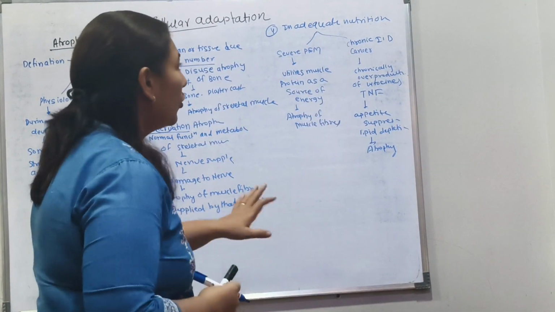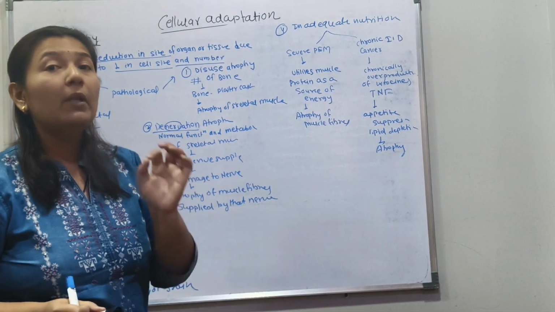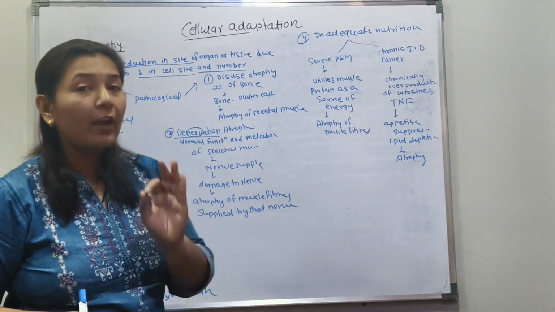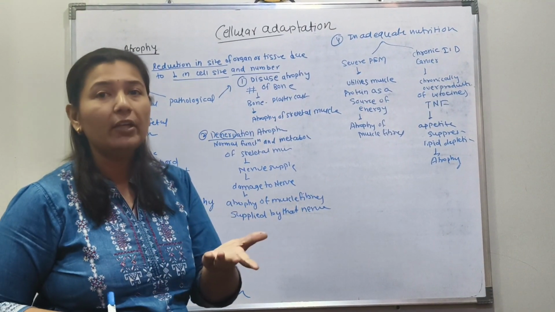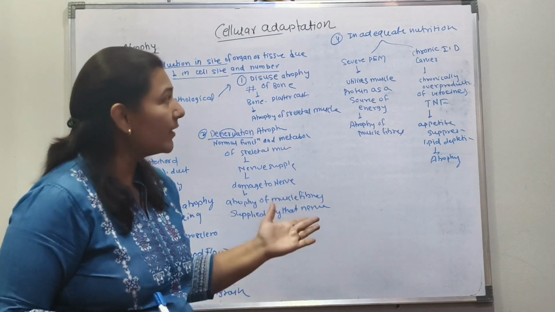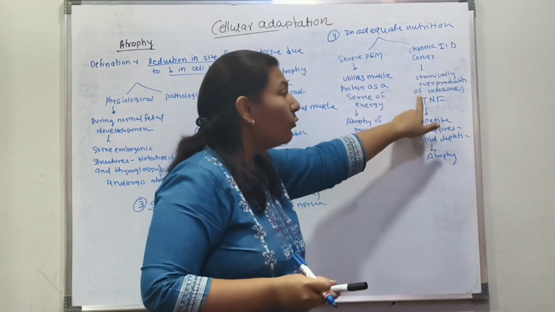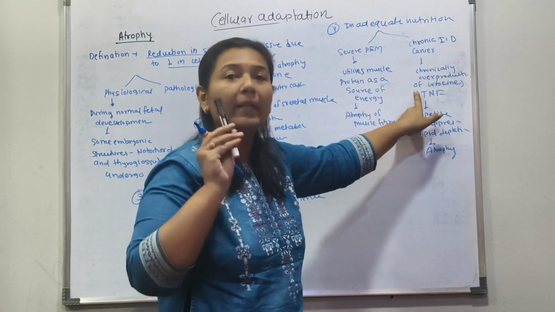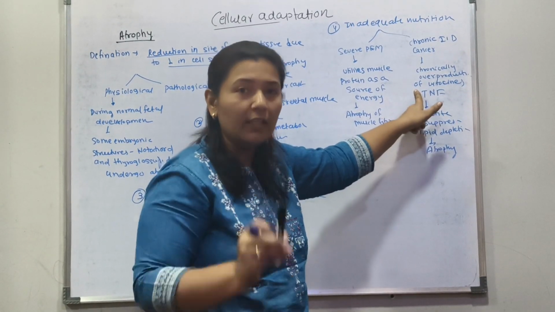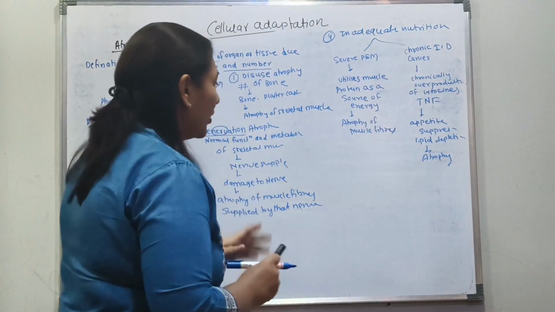So, in case of cancer, which factor is responsible for loss of weight and cachexia? In chronic inflammatory disorders such as tuberculosis and in cancer, that factor is tumor necrosis factor. It is responsible for weight loss, appetite loss as well as cachexia.